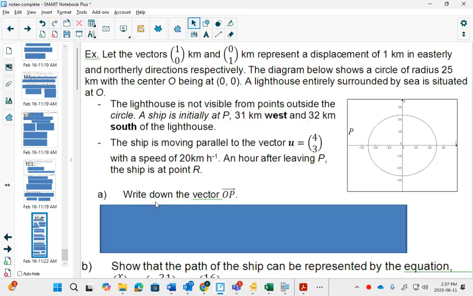And the lighthouse, you can see the light in that circle. So a ship, eventually 31 kilometers west and 32 kilometers south, so somewhere here, is moving parallel to the vector (4, 3) with a speed of 20 kilometers per hour.